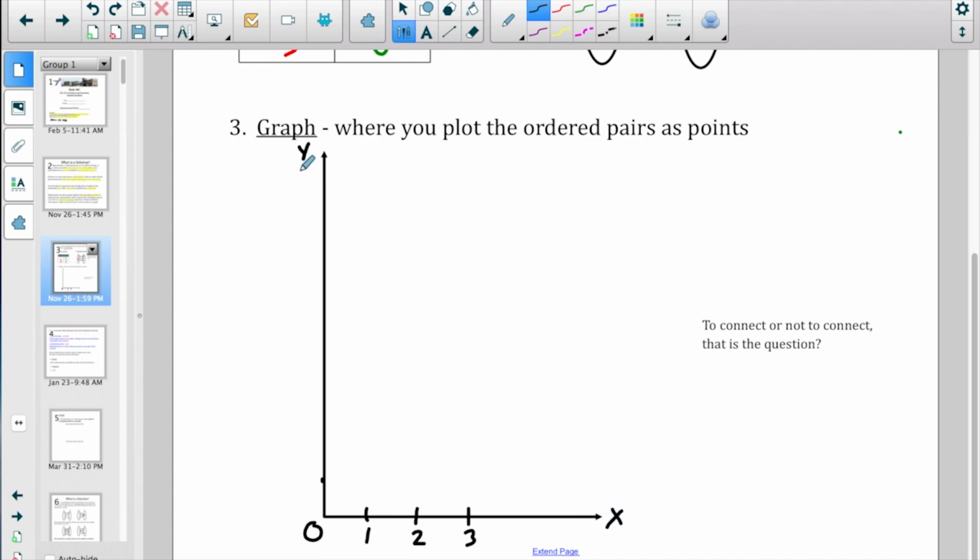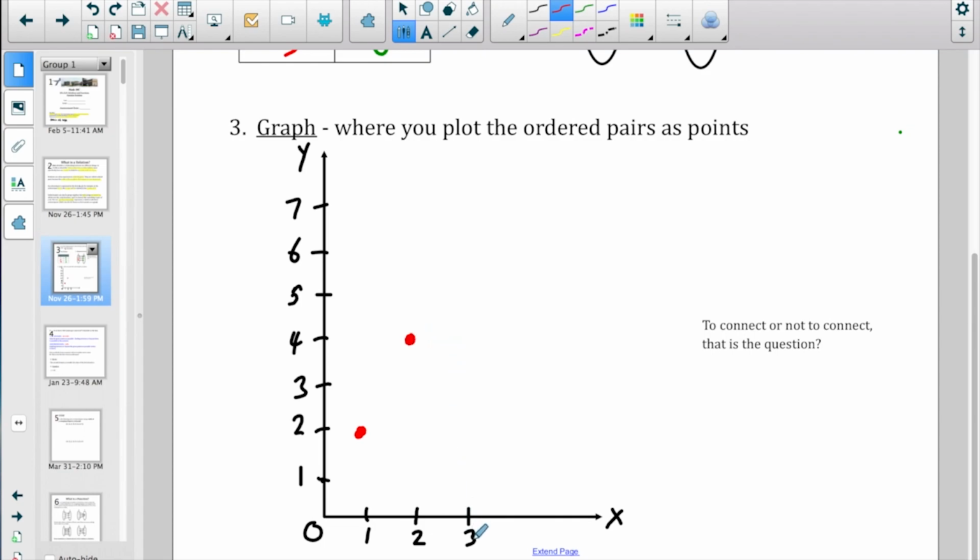And up along the vertical line, my y-axis, I'm going to go 1, 2, 3, 4, 5, 6, and I'm trying to freehand and make sure that my scale is about as even as I can get it. We know that an x value of 1 is related to a y value of 2, so I'll plot that down here. An x value of 2 was related to a y value of 4.